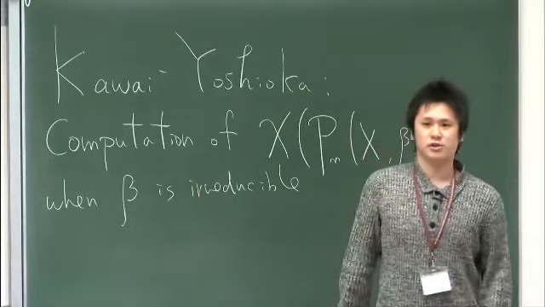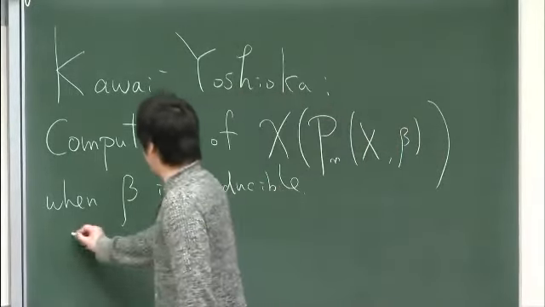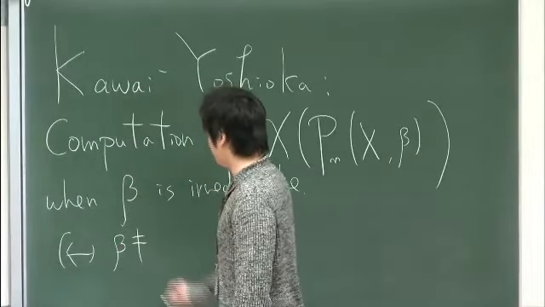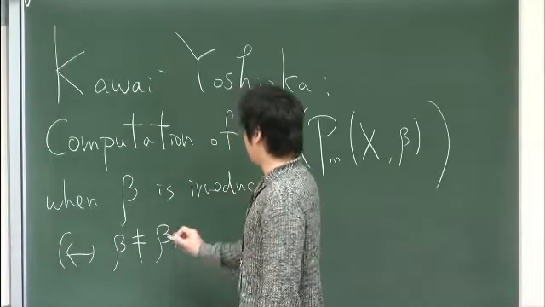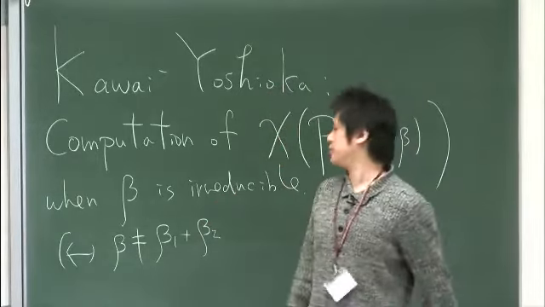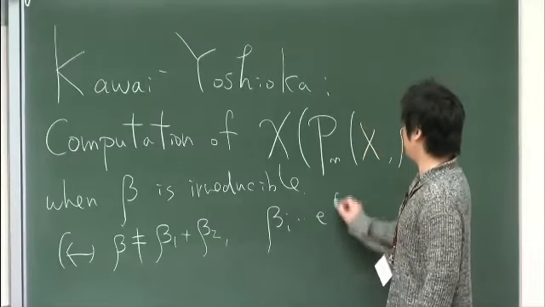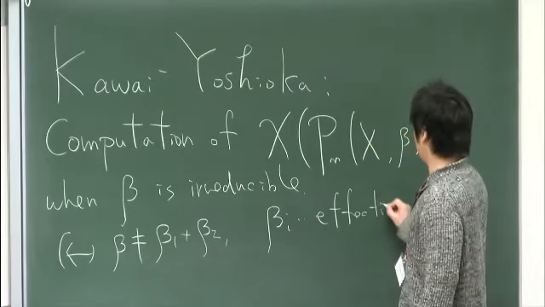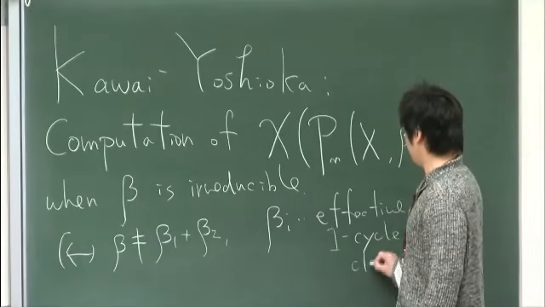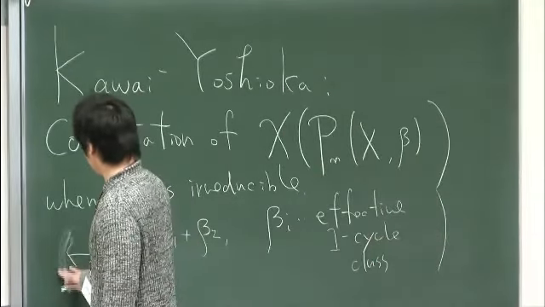This irreducibility assumption means that beta is not written as a sum beta_1 plus beta_2 for some other effective one-cycle classes beta_i.